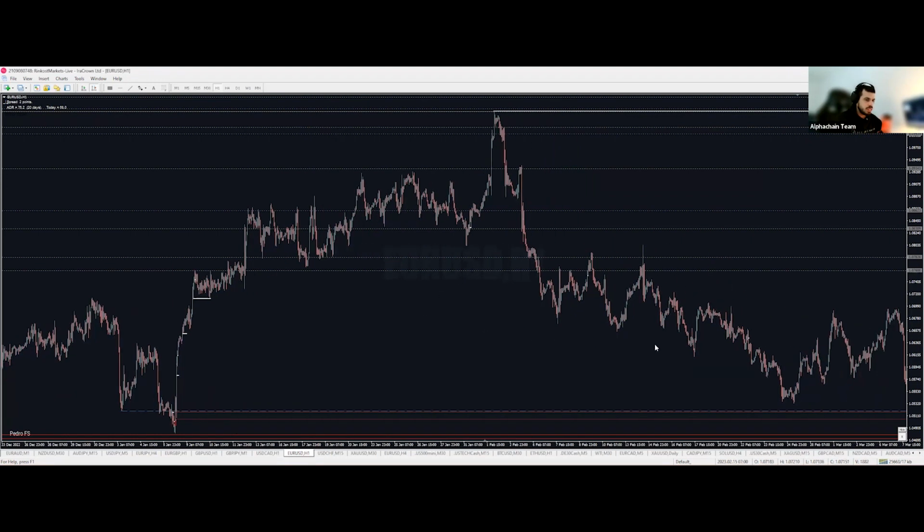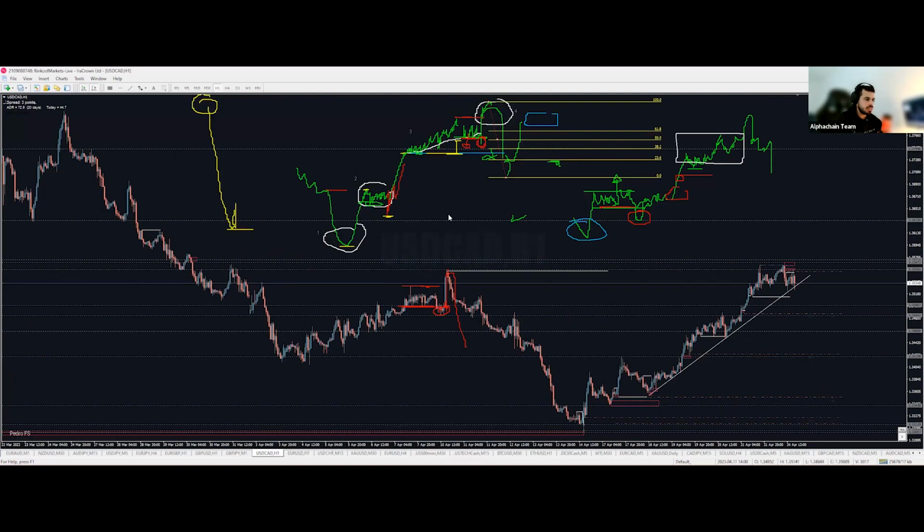For example, Yusef, this is now a touch point on number 2, which can be a little bit of indecision still, right? Because number 2 is the phase where we are not sure if this is going to be a reversal to the upside, or if we are going to continue to move down and eventually even break number 1 and create new lows and resume the bearish move, right?